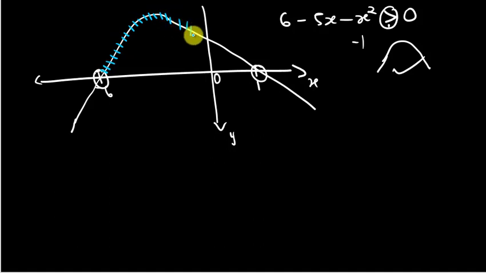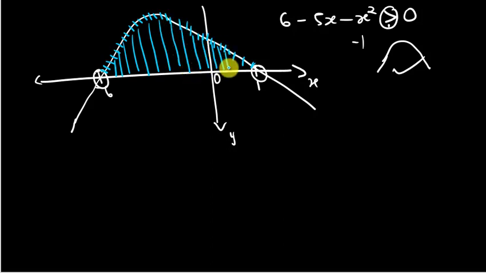This part is the part of the curve that is above the x-axis. And since we are doing that, we want the x values that are there. So let's trace it to the x-axis. Okay, this is the part that is above the x-axis.